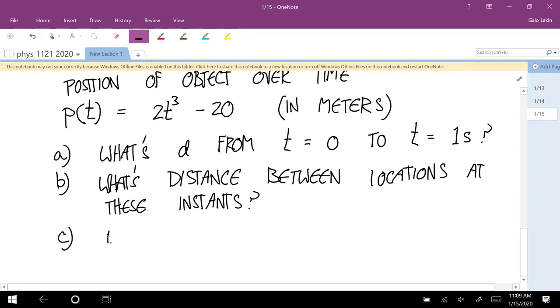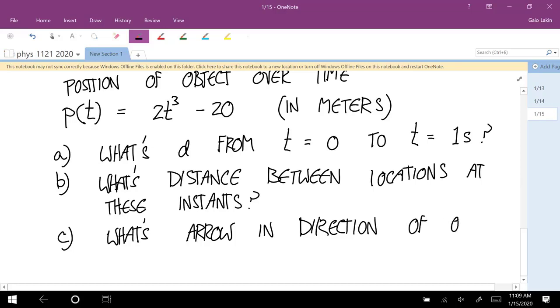And third, what direction is the arrow in, the direction of the object's net motion?